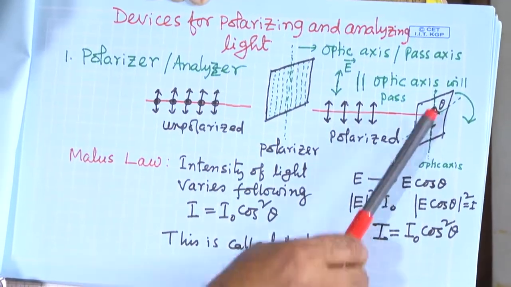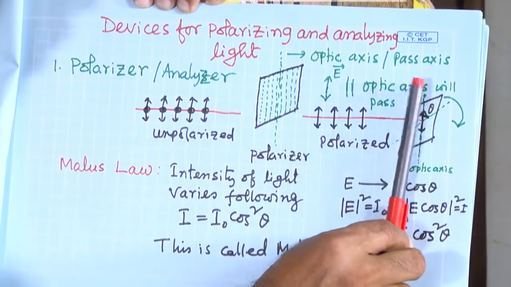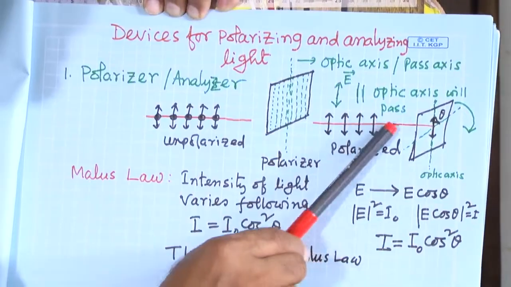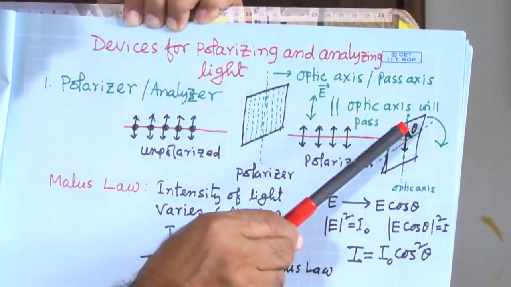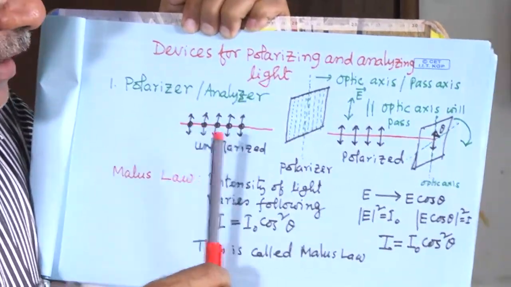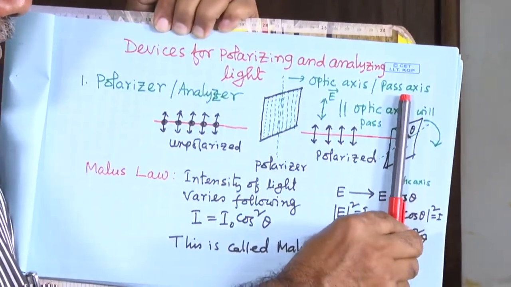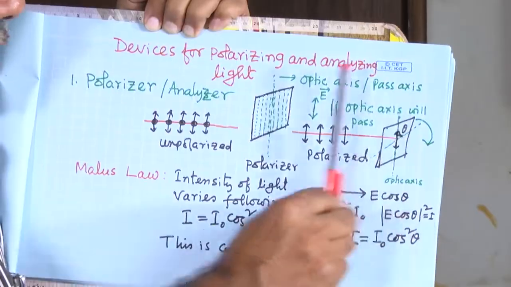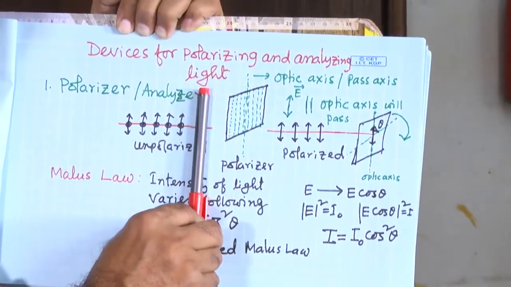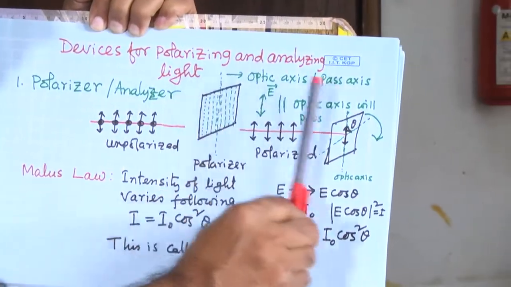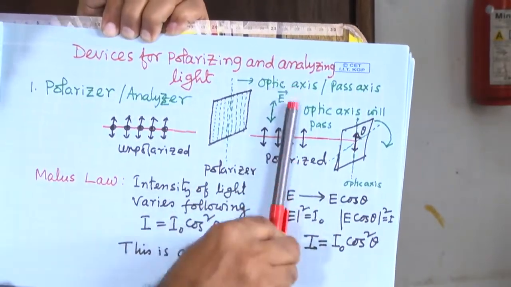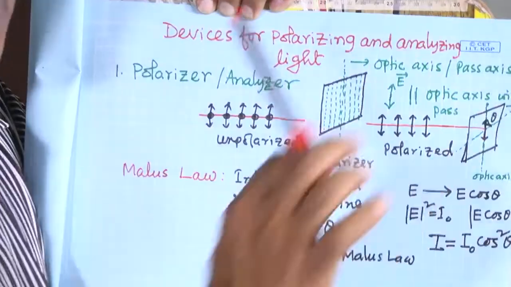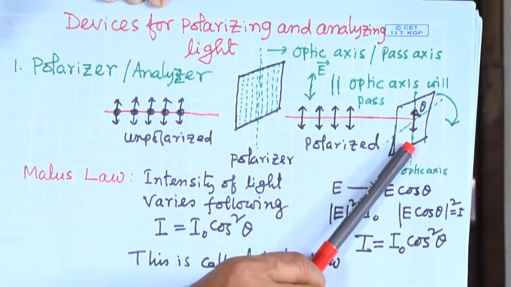If you put this analyzer after the polarized light, the light will enter the analyzer. If the optics axis of the analyzer is parallel to the optics axis of the polarizer, that means the optics axis is parallel to the electric component, so this electric component easily passes through the analyzer.